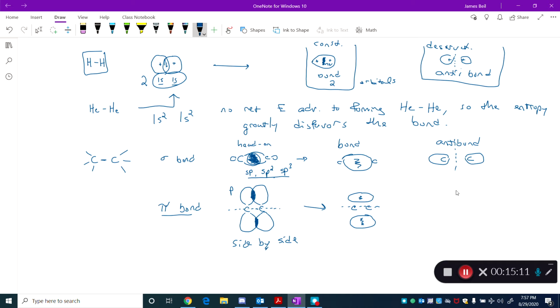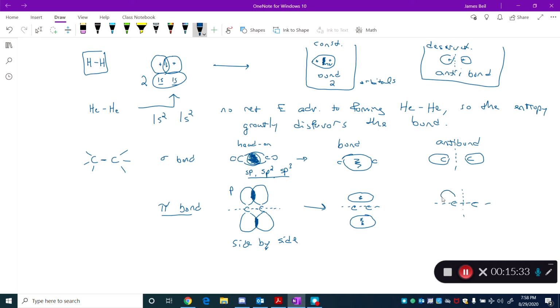In the antibond, if the wave functions cancel in the area of overlap, then I create another node. So in that situation, I already have a node here because there's a node in these p orbitals, but a second node is created because of the canceling of the waves if one is positive and the other is negative.